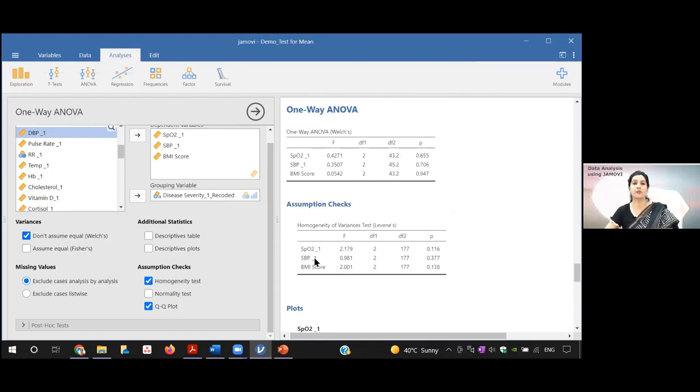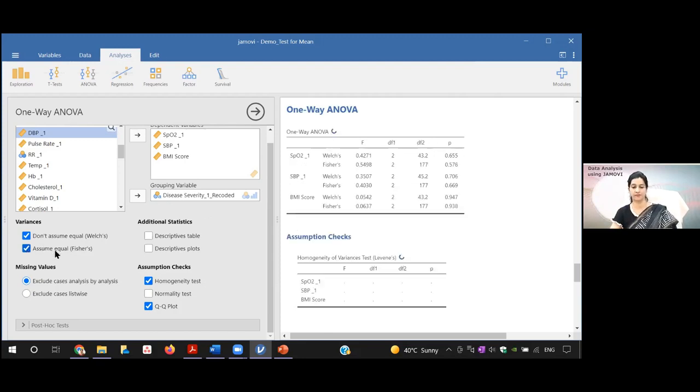Because we have modified the data also, when you will actually be doing it, many a time you will find that in case of an independent sample and in case of one-way ANOVA also, you will not meet this variance. So don't worry for that. You just have to report the Welch one. So I have clicked this and I have unchecked this.